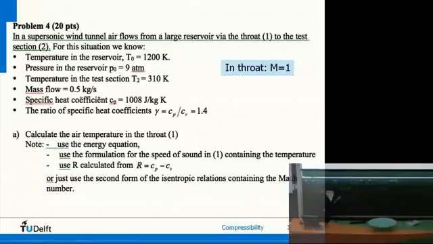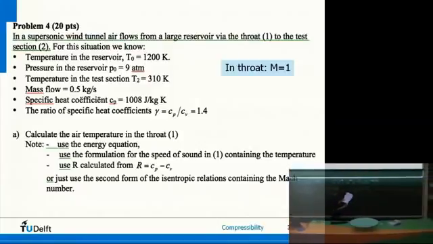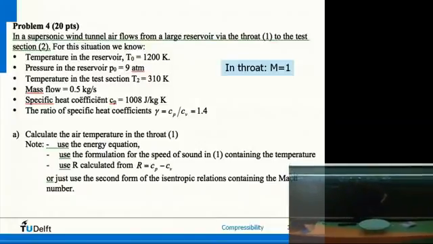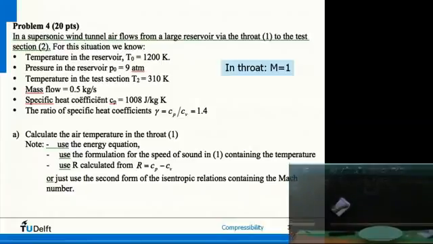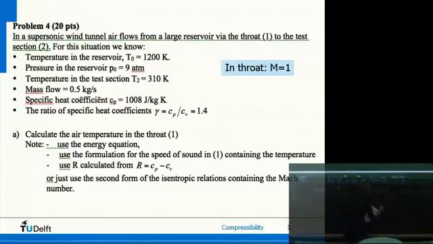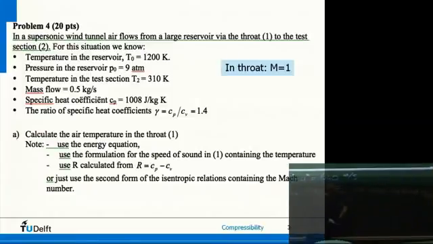Okay, let's try. So first, A test. So A test is equal to the square root of gamma 1.4, R 288, temperature given 310, right?